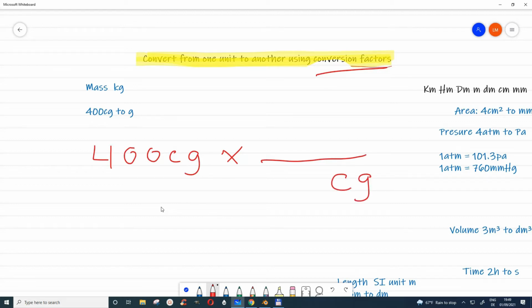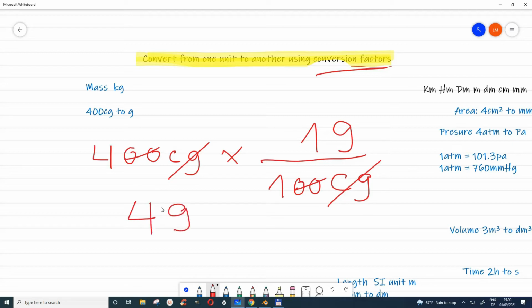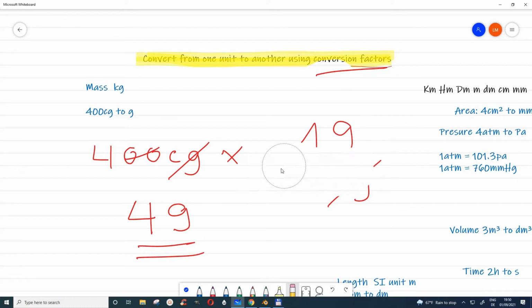Now we realize that 100 centigrams is 1 gram. So in the end, this will cancel this so that we have grams. That's what we want. These 2 zeros will take care of these 2 zeros, and then we have 4 grams as our solution. Now we would want to look at another thing again.